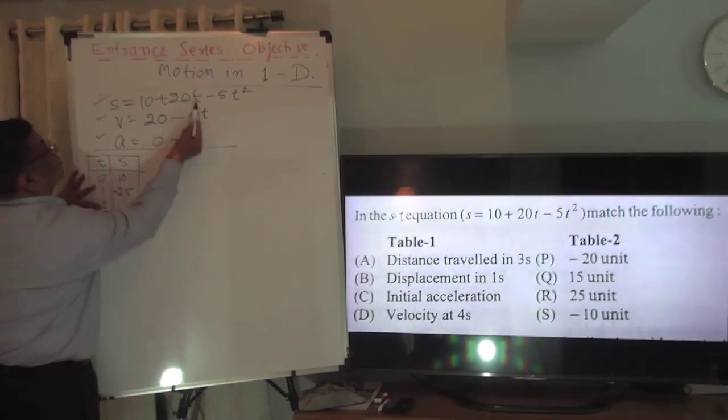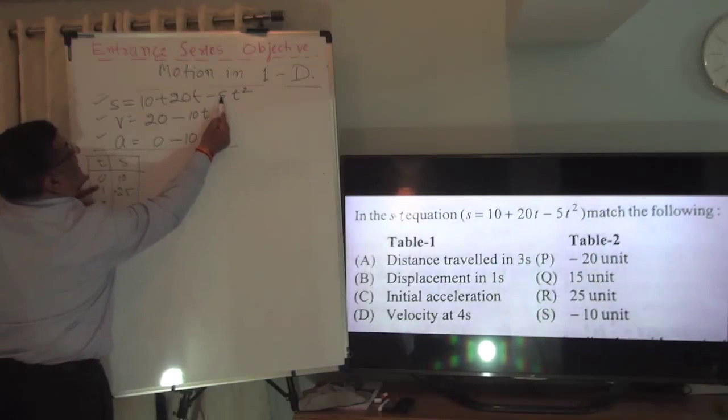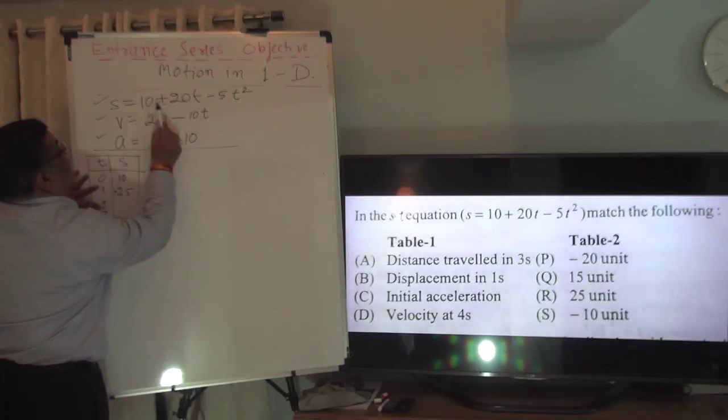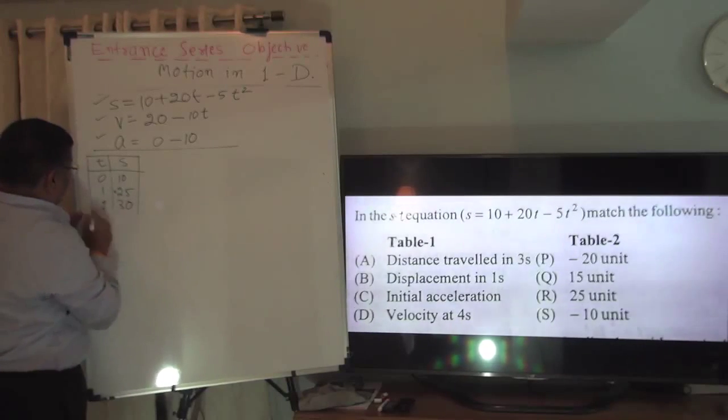When t is equal to 2, then it is 10 plus 40 minus 2 2s are 4, 5s are 20, minus 20. 10 plus 40, 50 minus 20. 50 minus 20 is 30 after 2 seconds.